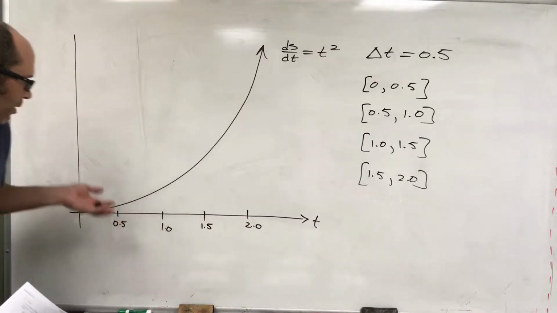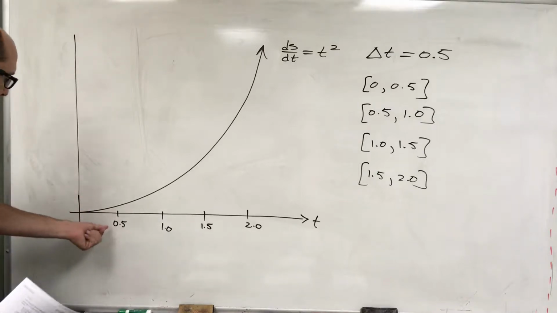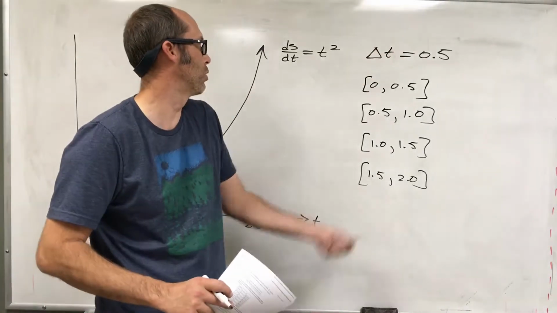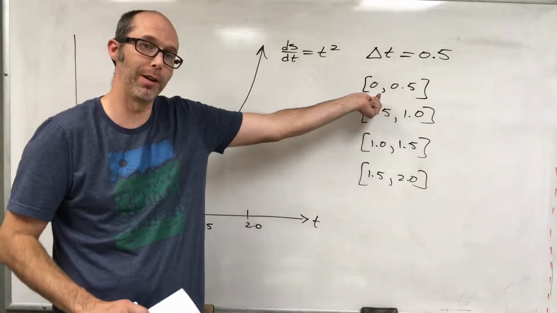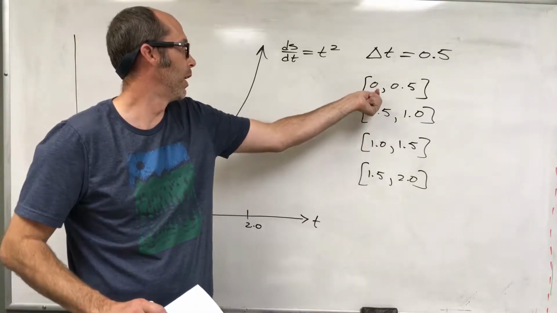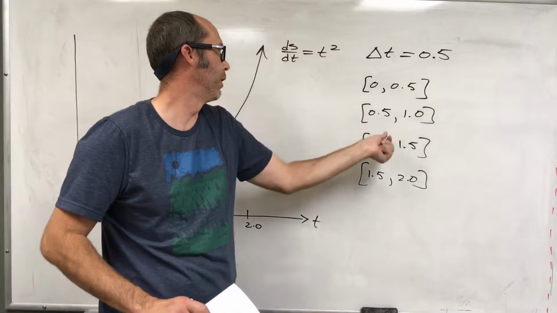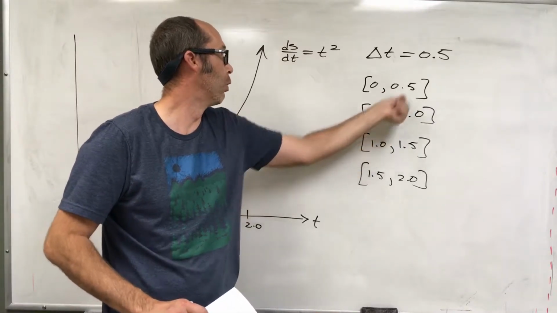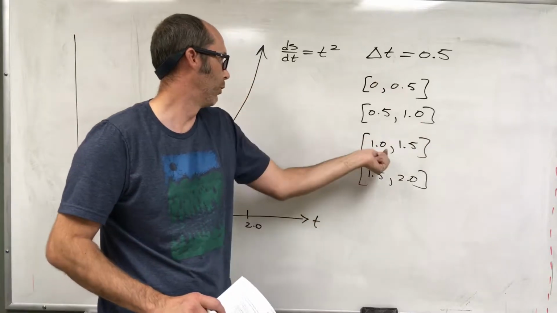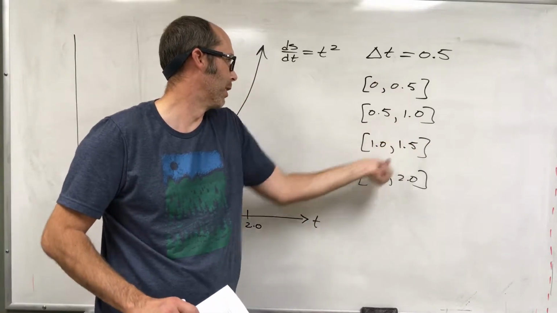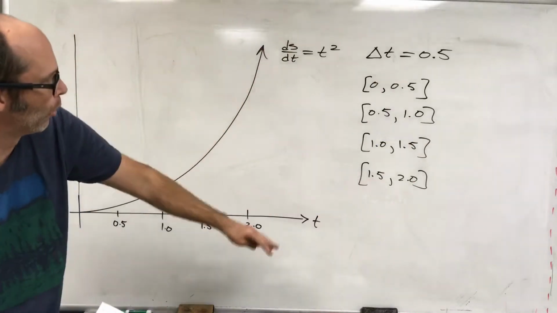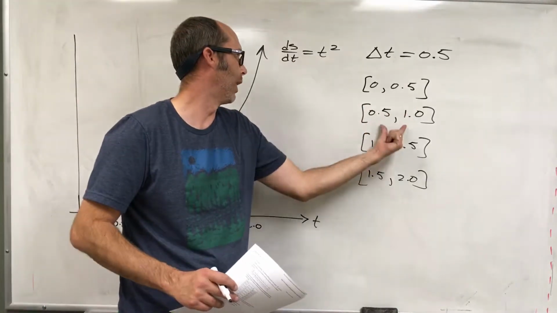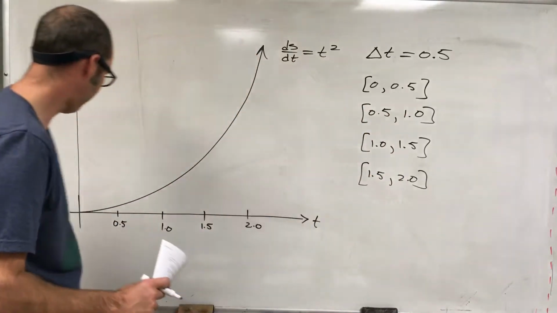You may have a similar situation where you have to put these in yourself, and that's where the change in t comes in. You start at the left endpoint of the interval, 0, and you go over that much. Then the next interval starts where that one ends, and you go over that much, and so on. So we're going to use 4 approximating rectangles. These are going to be the widths of our rectangles.